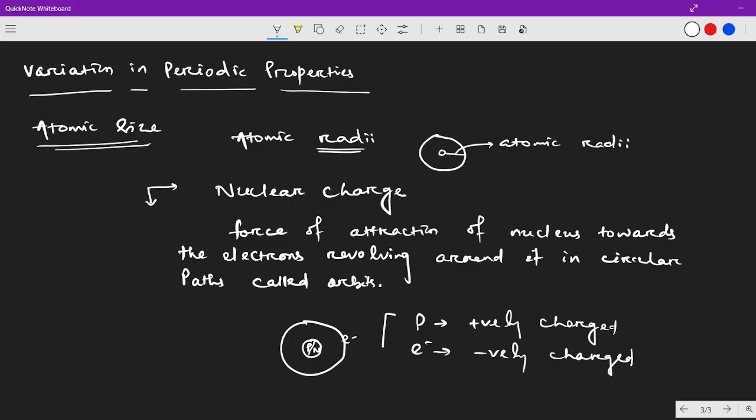So this is positive and this is negative, so definitely there will be a force of attraction between the positive charge and the negative charge. This force of attraction is called nuclear charge, or generally you can also call it electrostatic force.